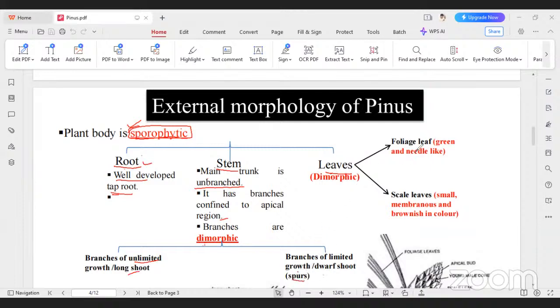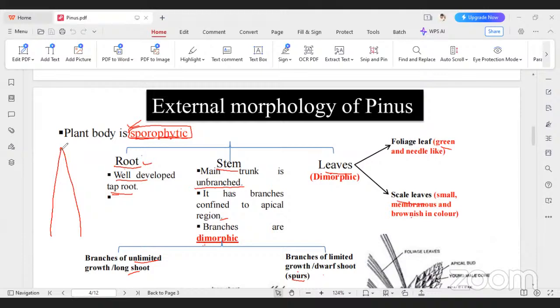The leaves: foliage leaves, meaning green leaves, are present. Another type is scale leaves. For example, if you take a rough diagram of the plant, this is the main trunk, the stem. It is unbranched.